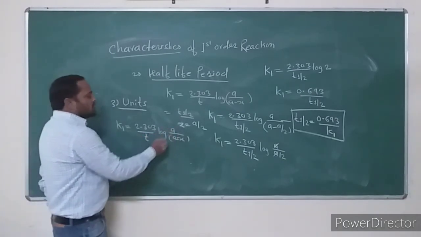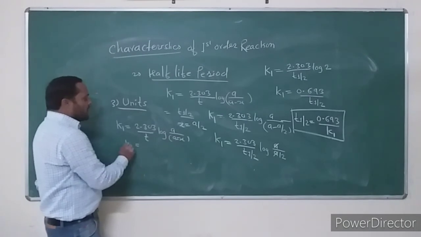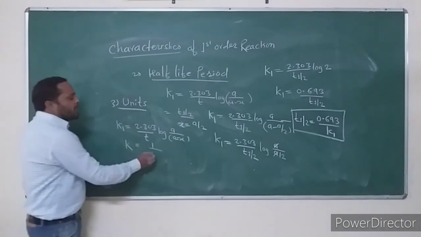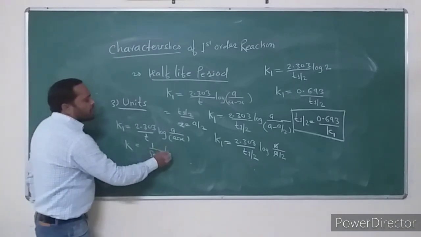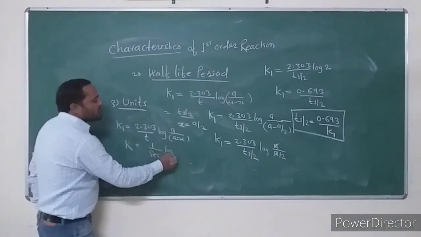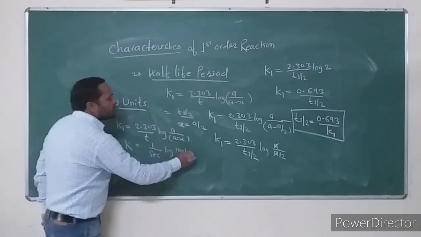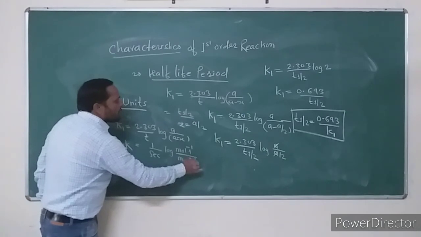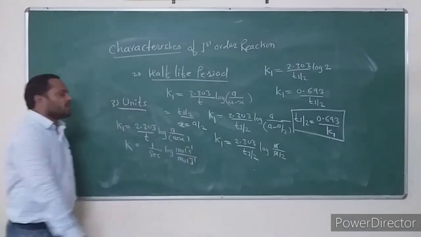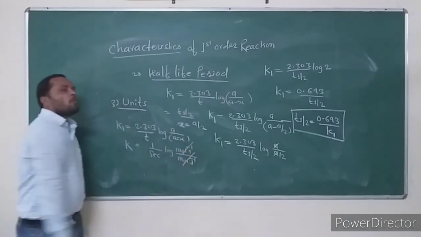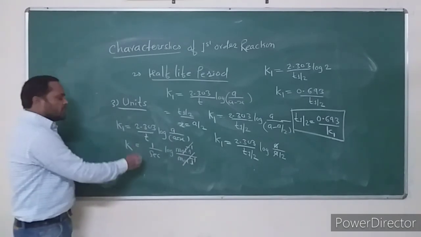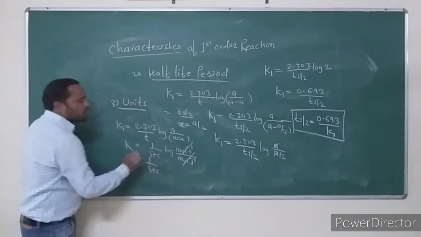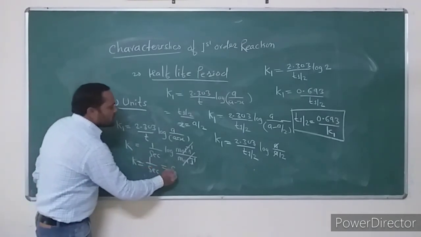Generally, time is measured in seconds, and concentration is measured in mole per liter. A is measured in mole per liter, a minus x is also measured in mole per liter. This mole per liter gets cancelled. It has only 1 upon second as the rate constant unit.